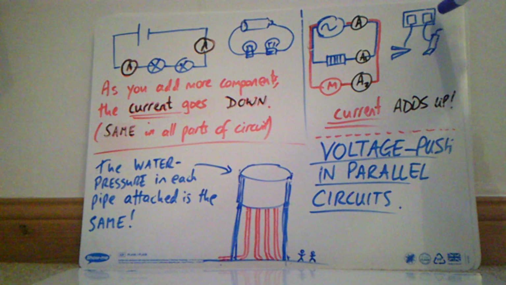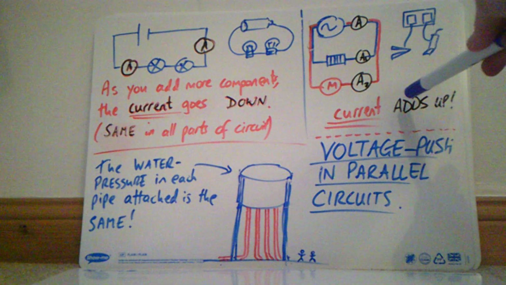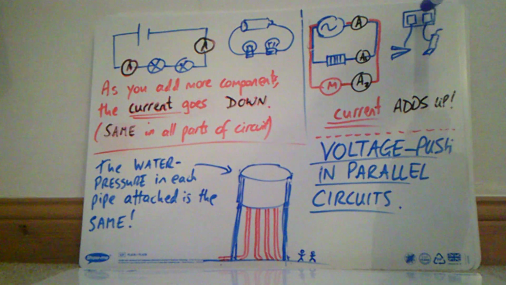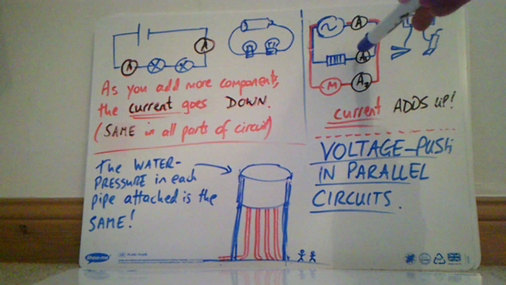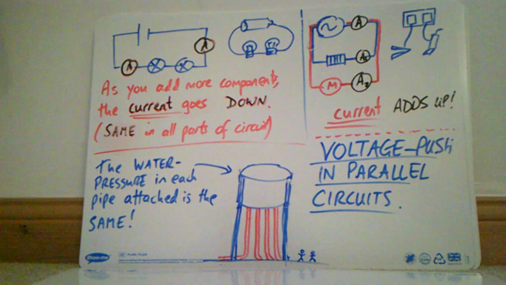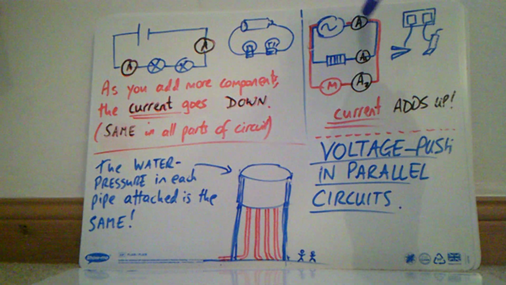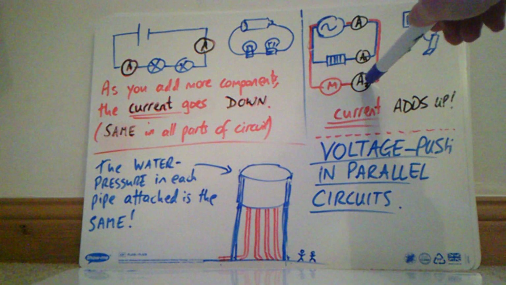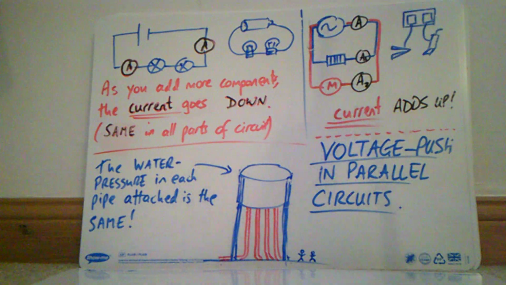In parallel circuits, the total current associated with those plugs is going to be the current through each of the individual circuits added together. So in this case, if you wanted the total current there, A, it would be the current through this loop, which is A1, plus the current through that loop, which is A2.